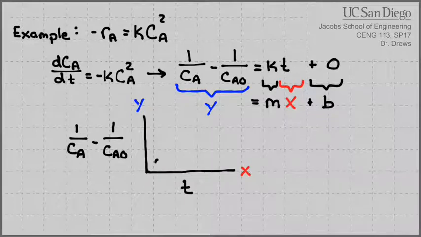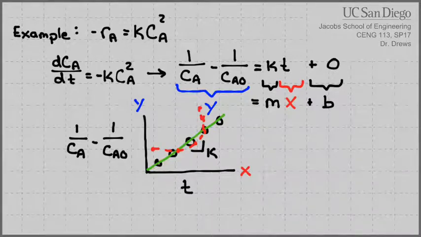If I were to do something like that and my data actually fit that particular form, I would end up with a straight line that goes through 0 and a slope of k. But that may or may not be what our data look like, right? If our model is representative of the true rate law, we will get something like this. But it may also be the case that our data looks something like this.